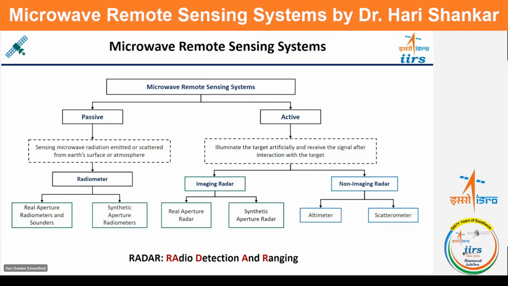Active sensing means the system itself is generating the radiation. If you compare the optical and the microwave portions, the microwave wavelength is more than the optical wavelength.